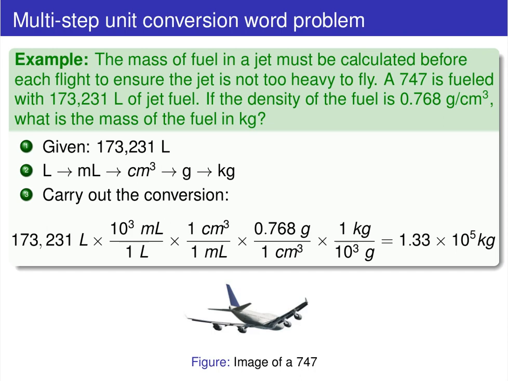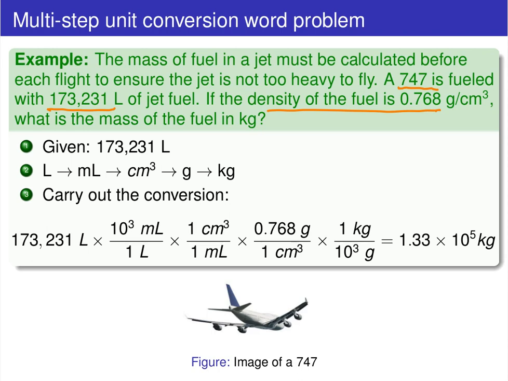So if you have a 747 and it's fueled with a huge number of liters, 173,231 liters of jet fuel, and we know the density of that fuel is 0.768 grams per cubic centimeter, we need to figure out what is the total mass in kilograms of that jet fuel.